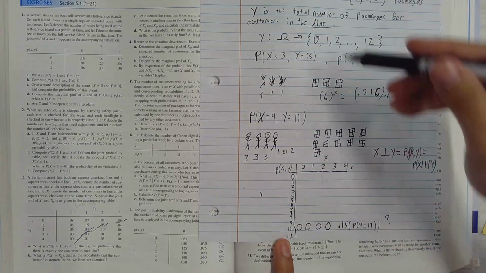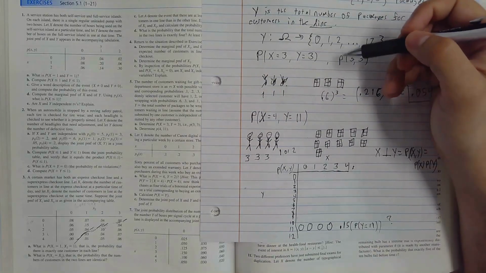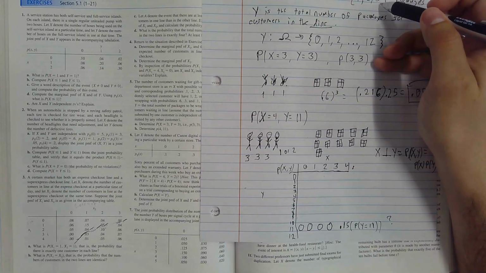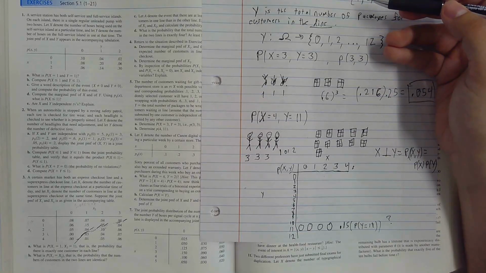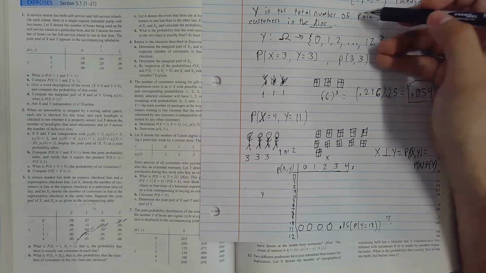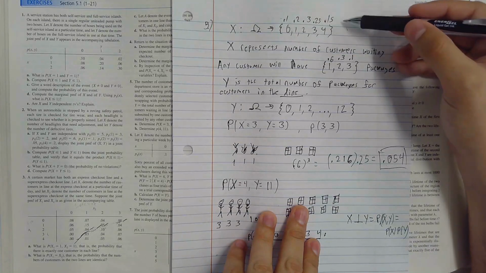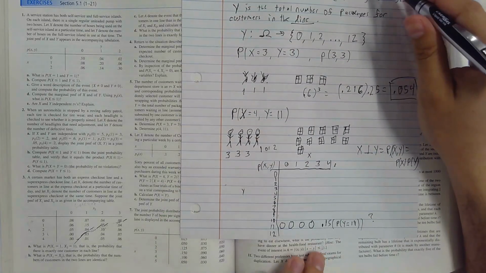Because 3 times 3 is 9. You can only have 9 packages at the maximum, right? So you must have 4 customers.